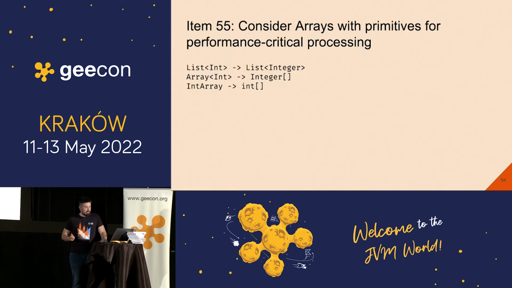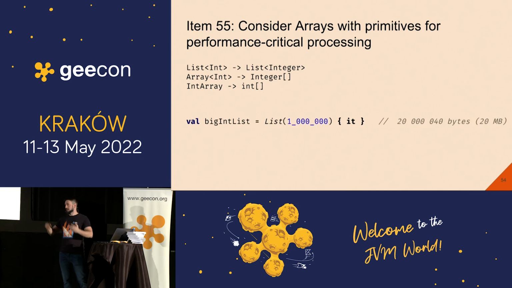Okay, one of the last items. This one is only for library creators and when you do something very performance critical. It's not for everyone. There is this suggestion that instead of a list of wrap types, you can use an array of primitives. You already should have some idea why.